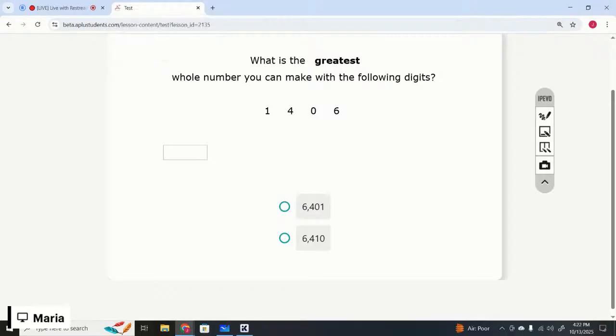What is the greatest whole number you can make with the following digits? Which is the correct option?